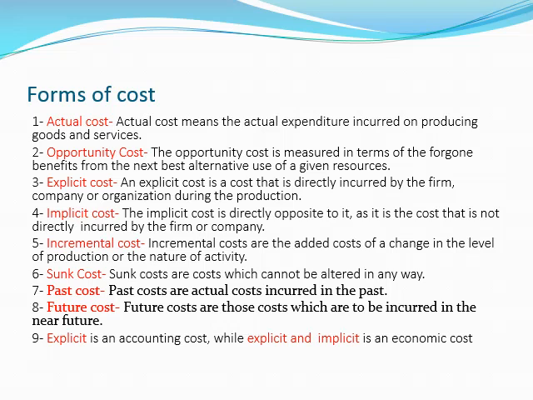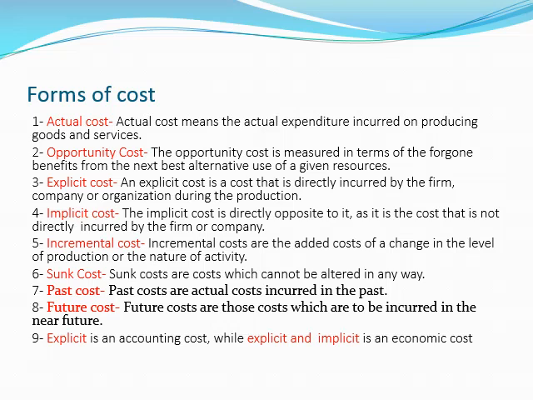Explicit cost. An explicit cost is a cost that is directly incurred by the firm, company, or organization. Implicit cost. The implicit cost is directly opposite to it, as it is a cost that is not directly incurred by the firm or company.